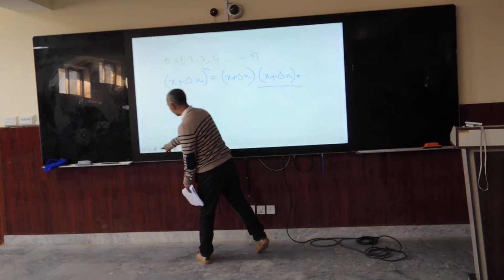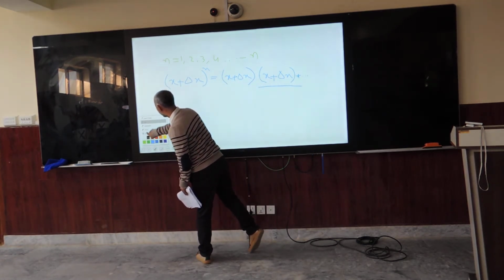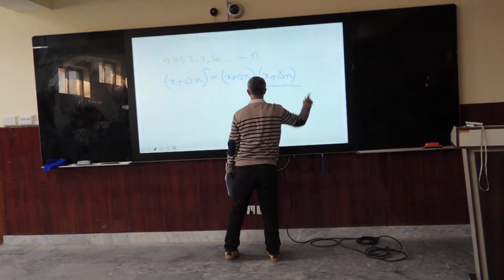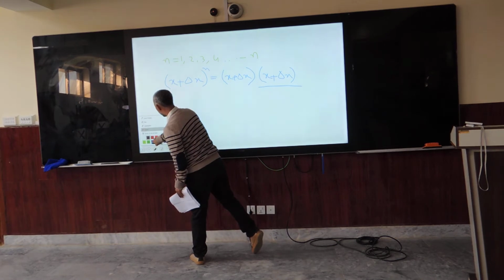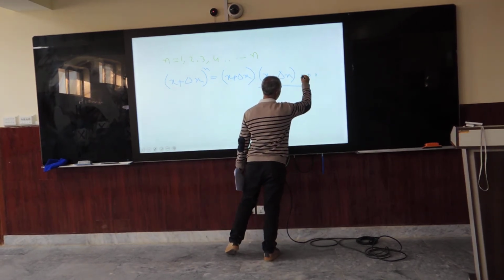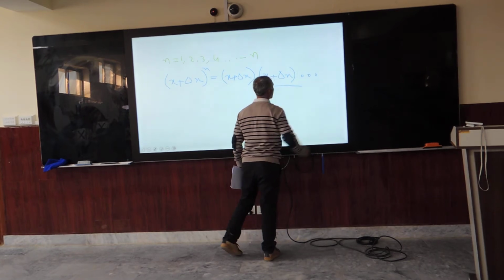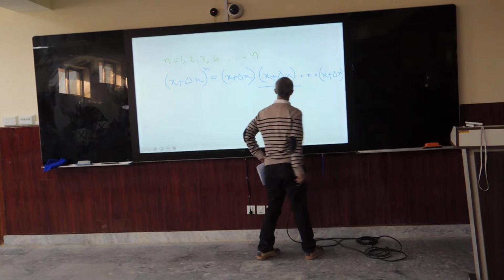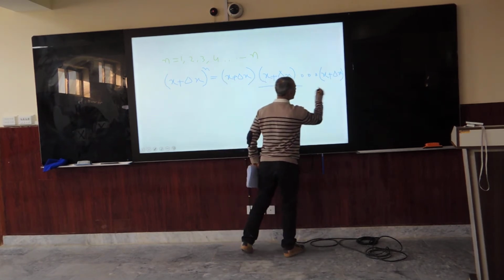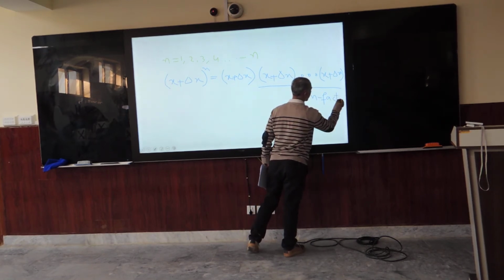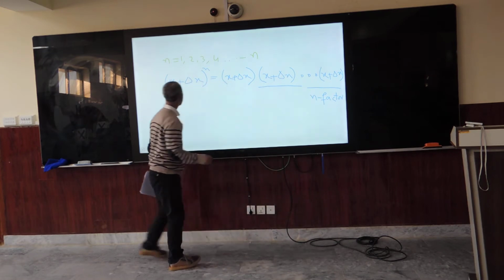The three dots represent the continuity of values as it is, (x plus delta x), until the n-th factor. The concept is similar to this.